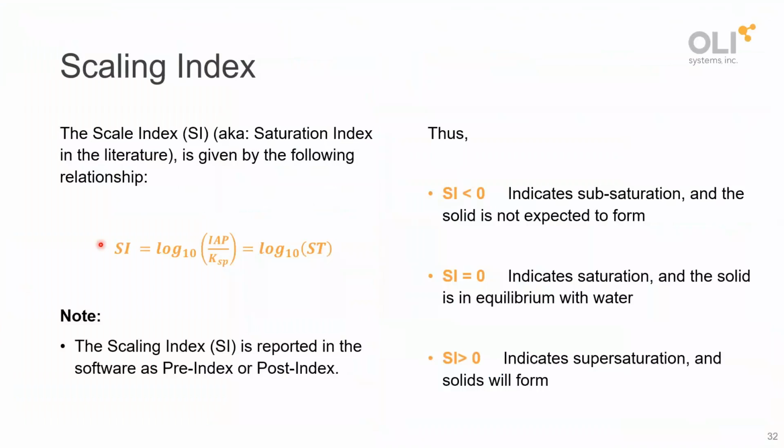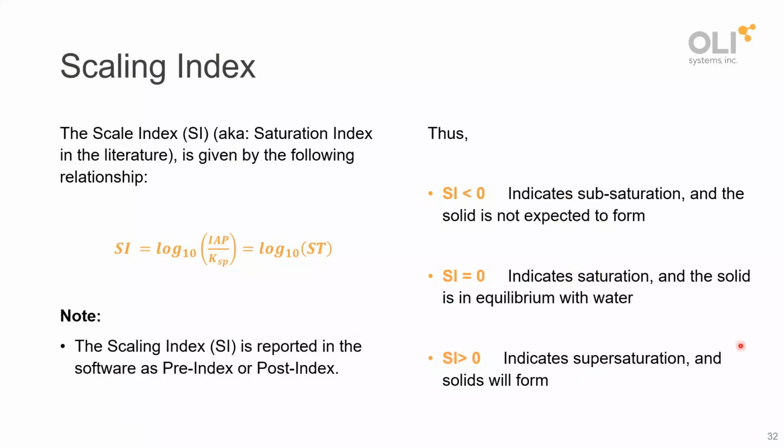And the scaling index is simply the logarithm base 10 of the scaling tendency. So if the scaling index is less than 0, then it means it's a subsaturated solution. If you see a scaling index of 0, it means saturation, and if it's above 0, it indicates supersaturation.